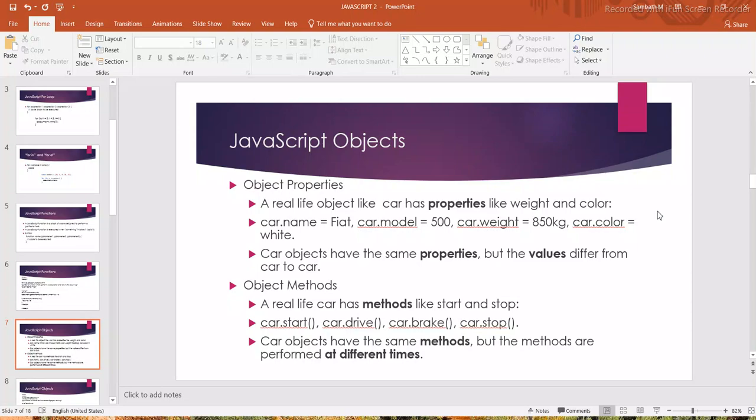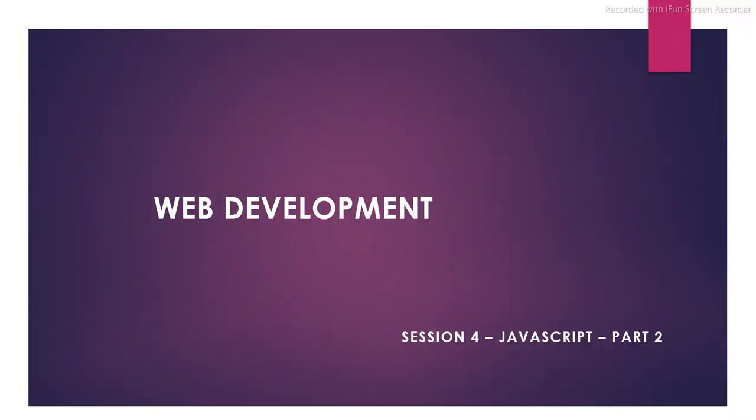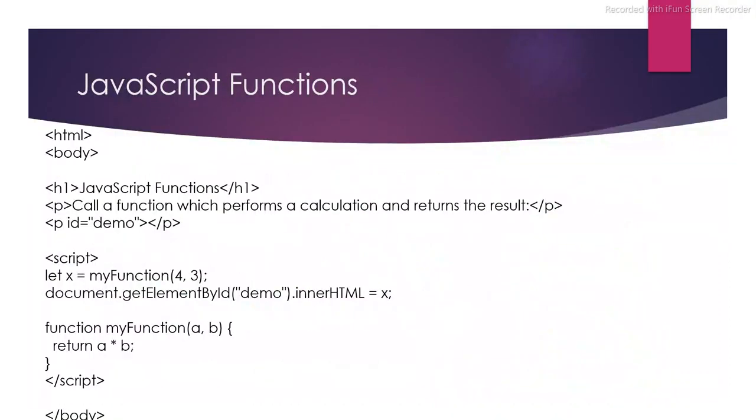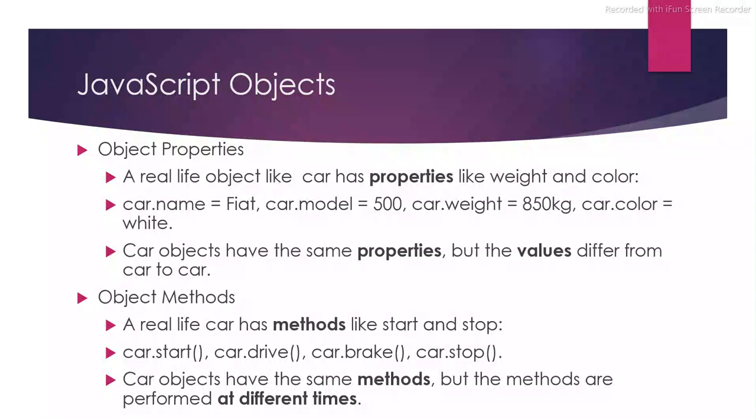Properties or attributes are nothing but, for example, when you look at the example given here, there is an object car, which has properties like name, model, weight, and color.